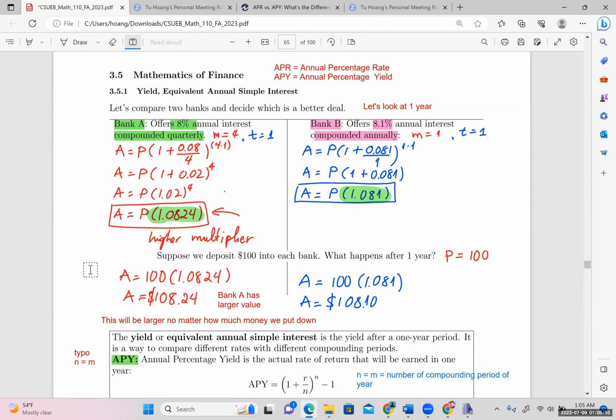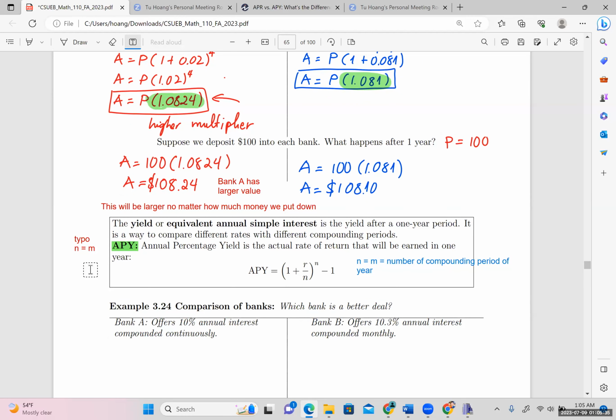The reason bank A is still higher is the number of compounding periods: in bank A it was quarterly, so it's higher. Okay, so now we're going to move down.